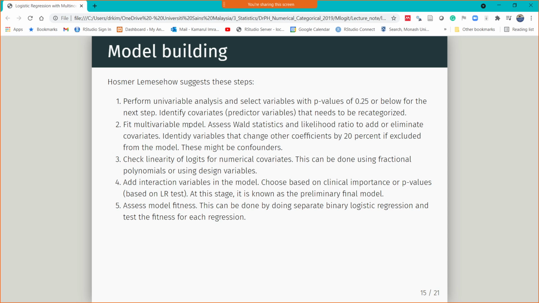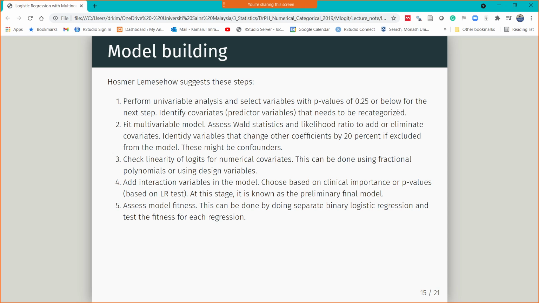Okay, look also for categorical covariates, whether you need to recategorize them or not. Sometimes, for example, you have variable ethnicity, and maybe in that variable you have very small number of certain ethnicity.